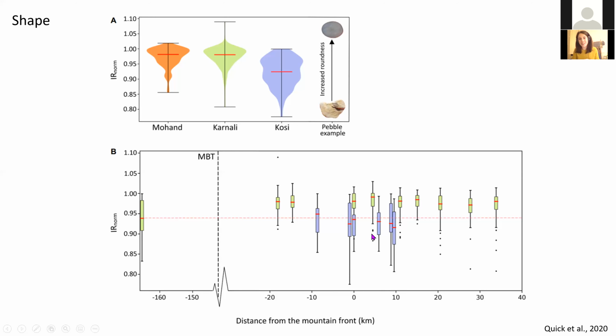What I find quite interesting here as well is above the MBT in this Canali sample. This is before the Canali has gone through the Slick Hills and picked up these rounded quartzite pebbles. The quartzite pebbles here are quite angular and are actually very similar to that of the COSY samples down here in the plain.